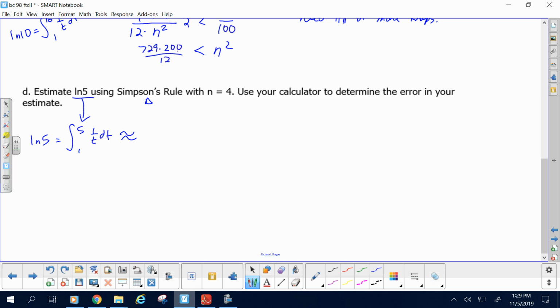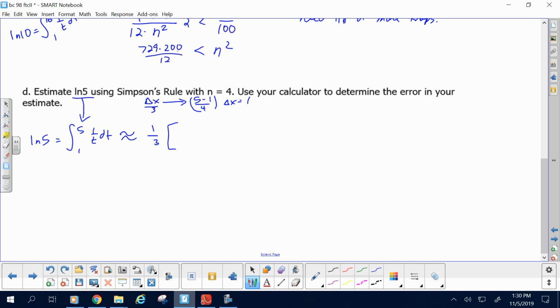The starting part of this is delta x over 3. So what's delta x here? The total delta is 4, but I'm dividing, that's delta x of each subdivision. So delta x is 1. Okay, delta x is 5 minus 1 over 4. So delta x is 1. The 3 is part of the weighted average idea. You're weighting midpoints 2 and trapezoids 1, which you don't need to remember anymore, but it's good to know.